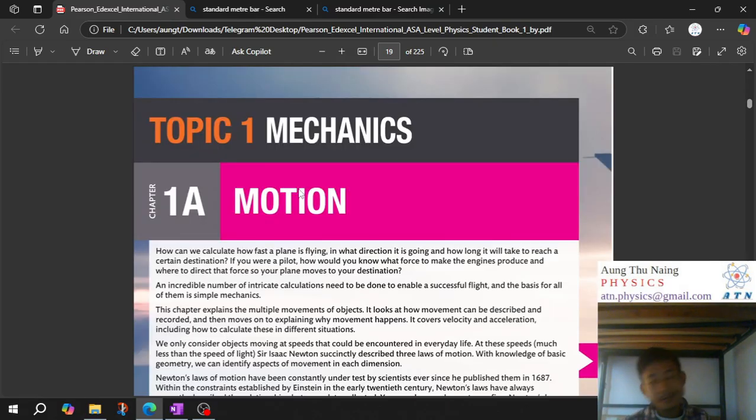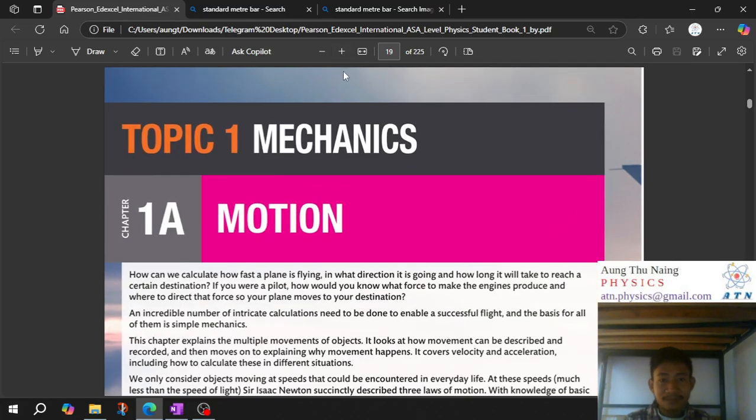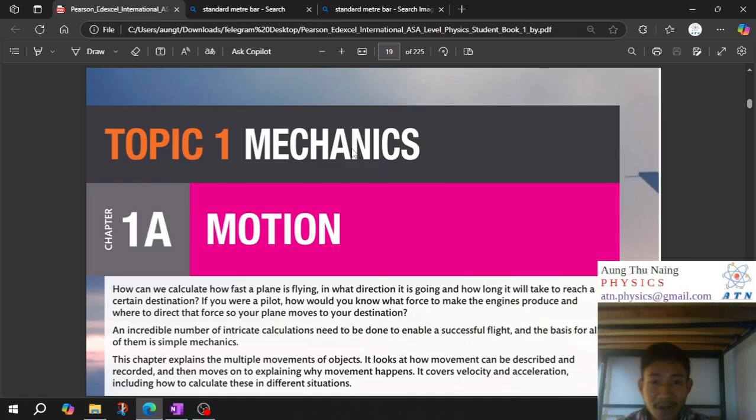Okay, let's start with motion and mechanics. At first, we should understand what mechanics is. In physics, mechanics is not about machines. In engineering, mechanics is about machines and other apparatus, but in physics, mechanics is the branch of physics in which we study motion.